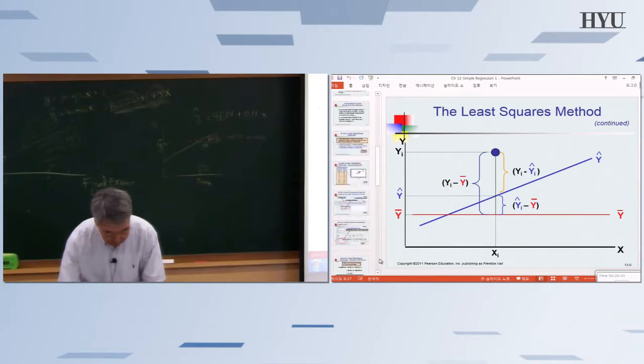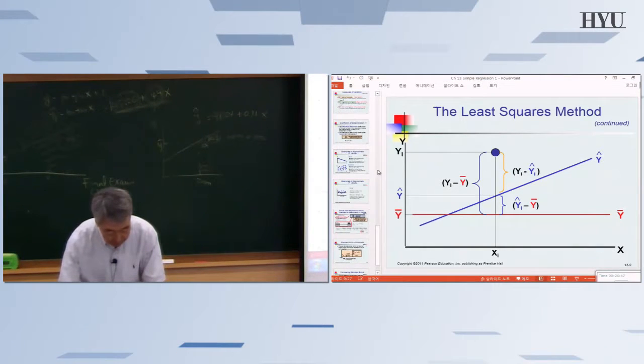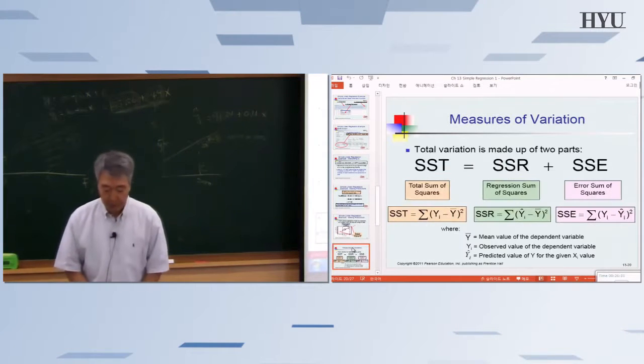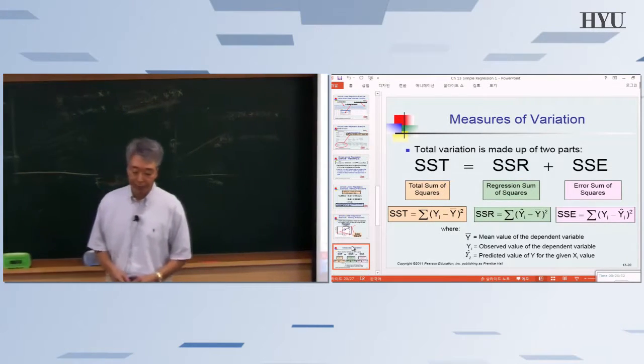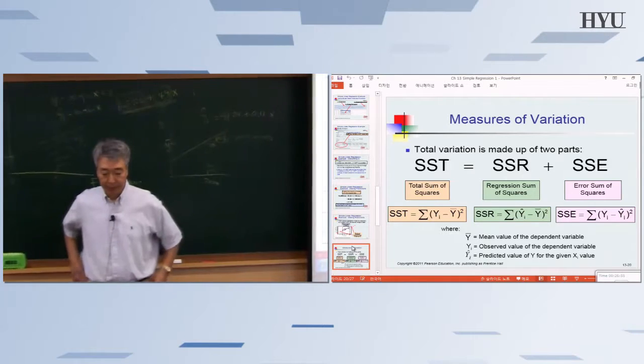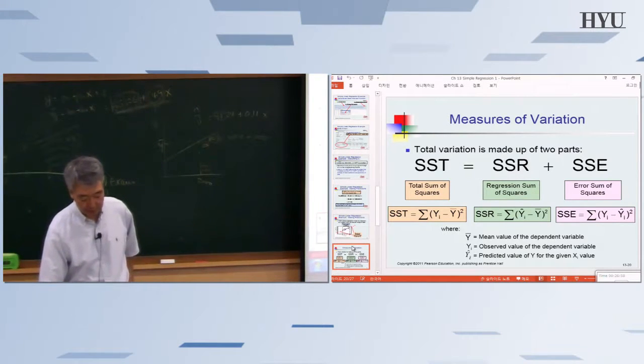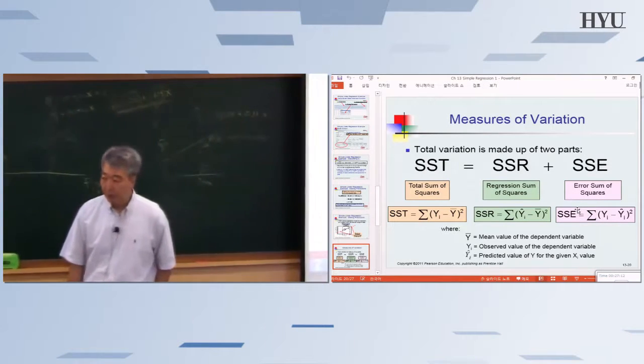So this slide is simply another way of putting it. Instead of deviation, yi minus y bar, y hat minus y bar, and so on, we have converted it into sum of squares. Remember why we square all the deviations?